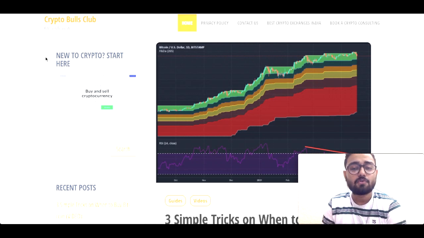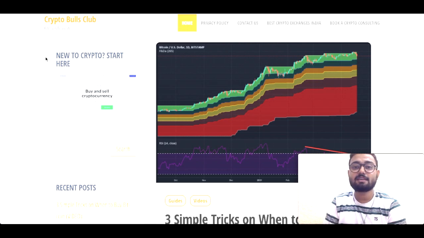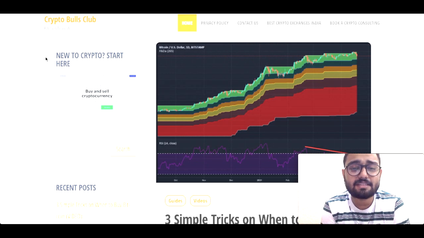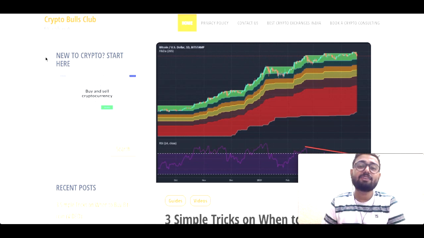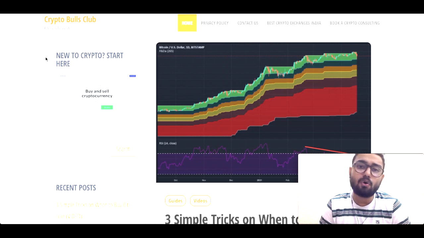All of this was actually FUD going on in the market, and people were selling in fear that the government may ban cryptocurrencies and we might not be able to even get, let's say, even 80% of the value of our money that we are getting, even if we are selling at a 20% loss. But what happened? Till date, there has been no announcement from the government, and the people who sold at losses are biting their nails, wondering why they did so, right?